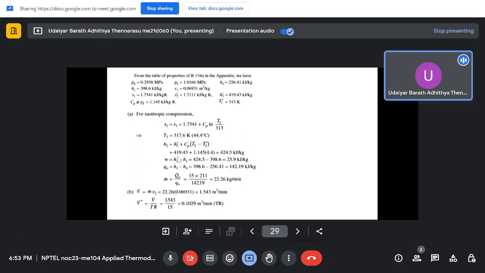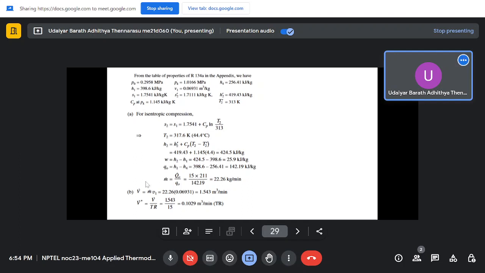This can be calculated directly from the chart, or this is the other way of calculating if we don't have a chart. Hence the work in the compressor is H2 minus H1, which comes out to be 25.9 kilojoule per kg.